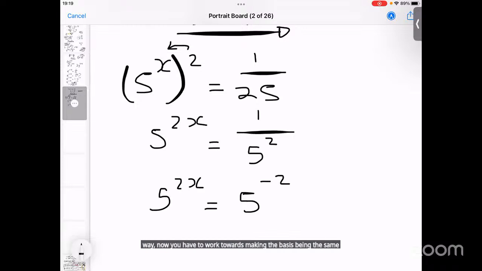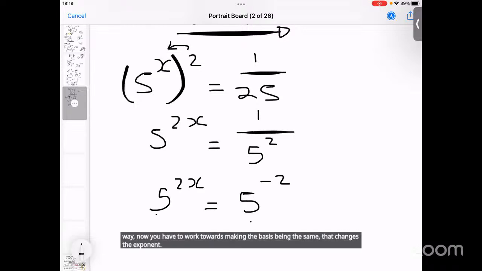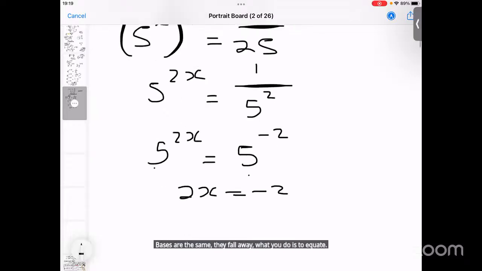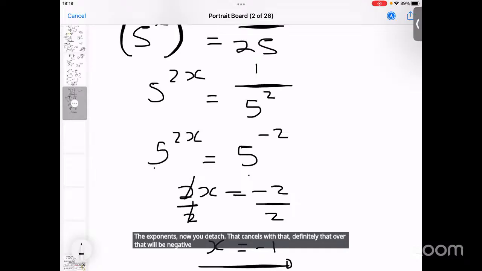That changes the exponent. Bases are the same, they fall away. What you do is equate the exponents. Now that cancels with that, definitely that over that will be -1, and that should be the end of it.